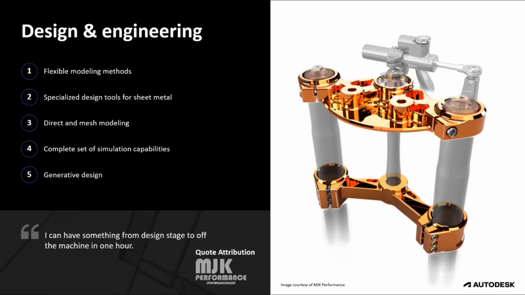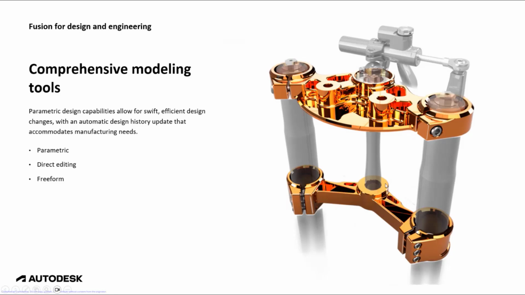We are proud to present you this function, because this one is very useful and it's a future technology that we can now use. It has comprehensive modeling tools, parametric design capabilities that allow for swift, efficient design changes with an automatic design history update that accommodates manufacturing needs: parametric, direct editing, and freeform.